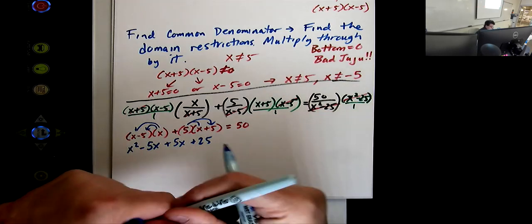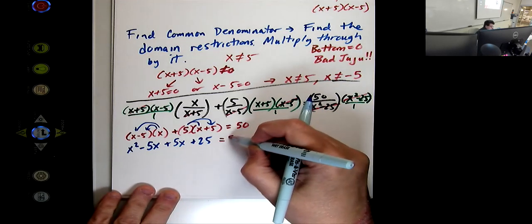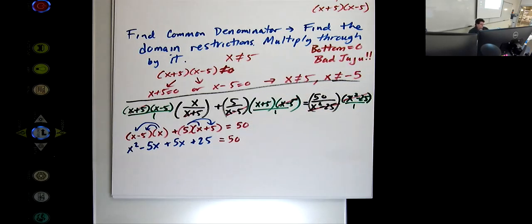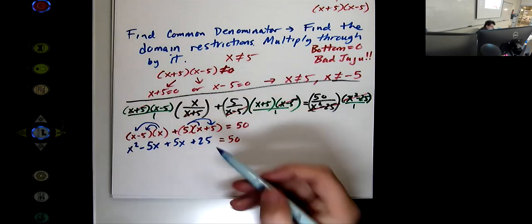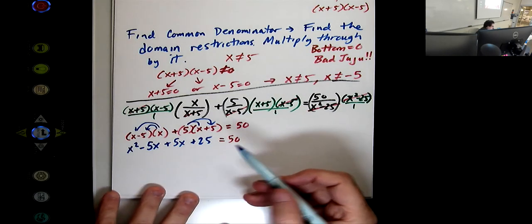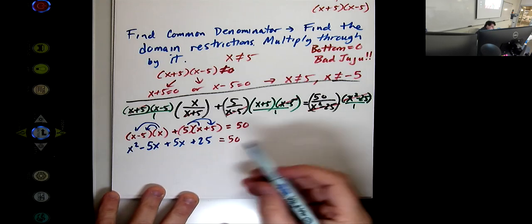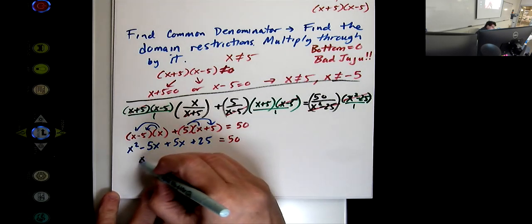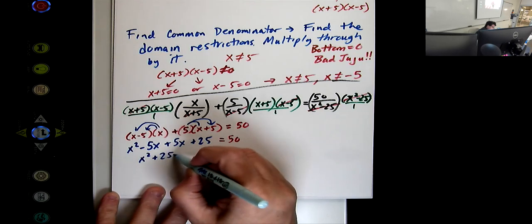And I still have equals 50. That didn't change. Looks like the 5x's go away, right? You got a negative 5x and plus 5x. I've got x squared plus 25 equals 50.